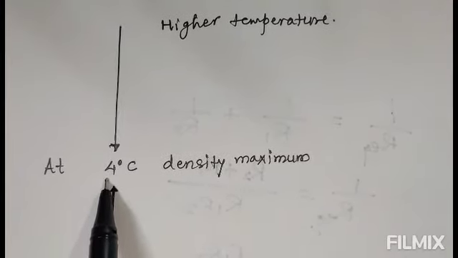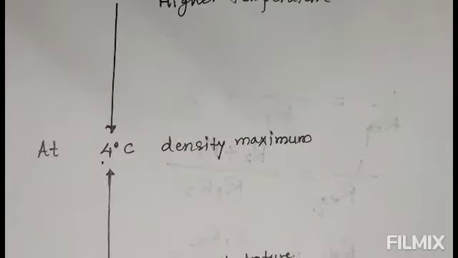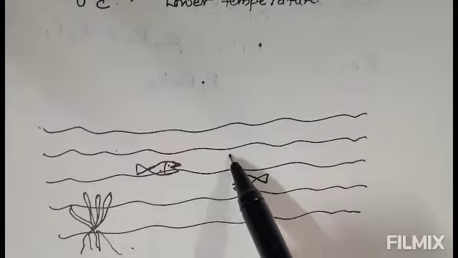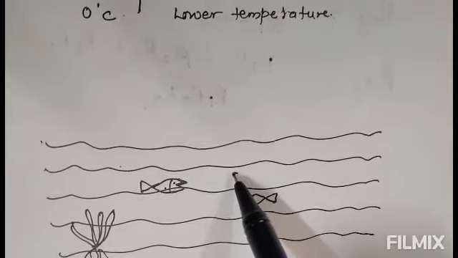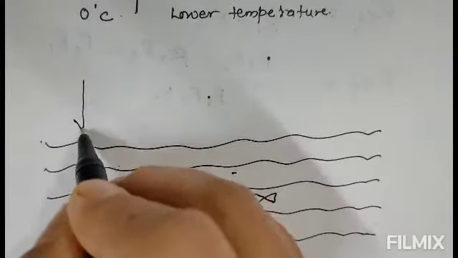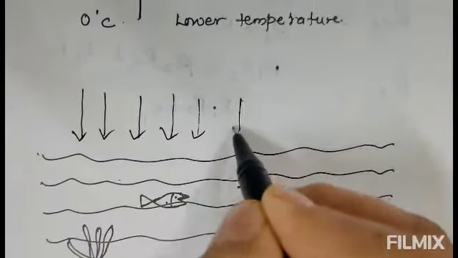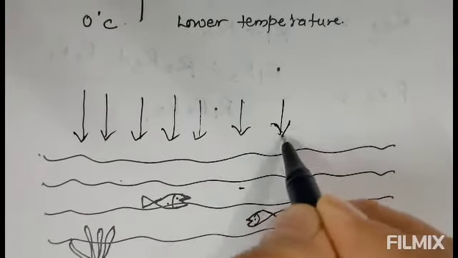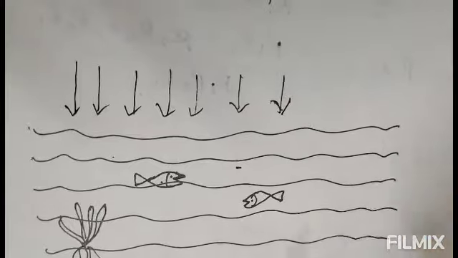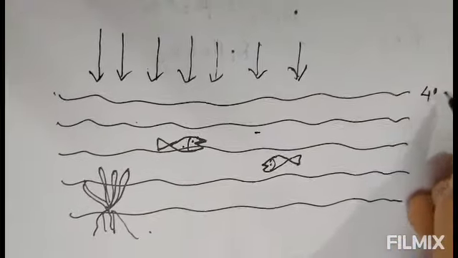This property has an important environmental effect in cold countries and polar regions. Lakes and ponds freeze at the top first as the lake cools towards 4 degrees Celsius. In cold countries the temperature is very low, and because of that the upper layer of the water reaches 4 degrees Celsius.